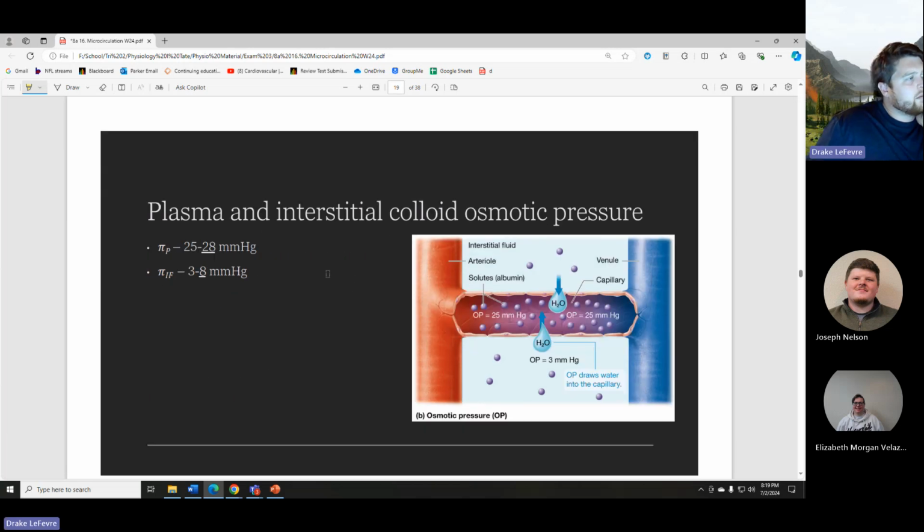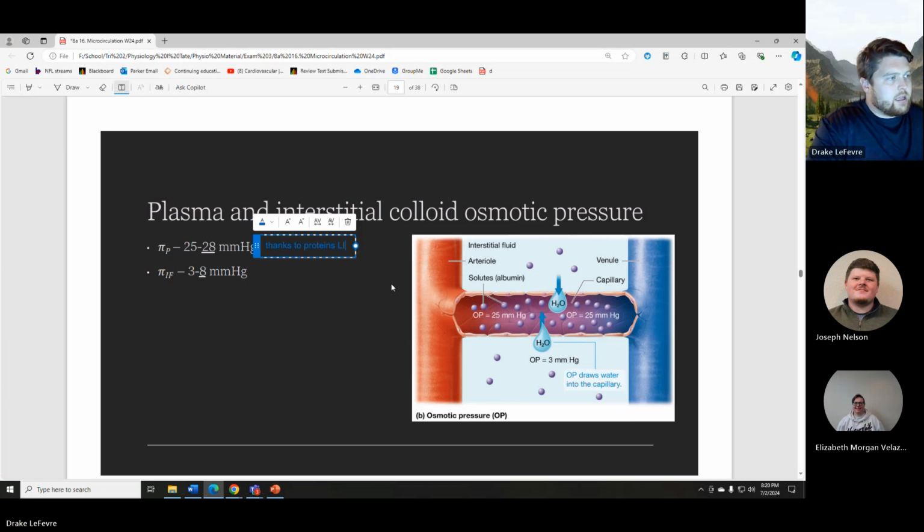The osmotic pressure. The osmotic pressure for the plasma, for the capillary, stays pretty much the same, about 25. Again, this is thanks to proteins like albumin.